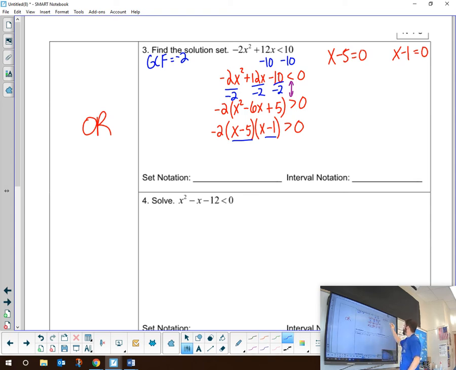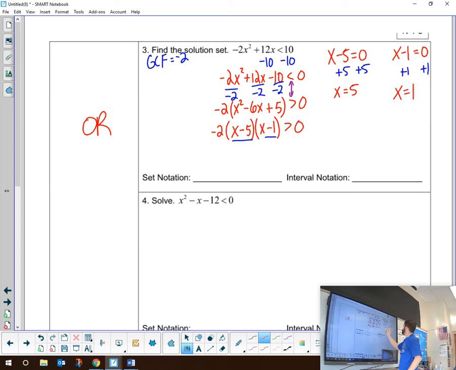We add 5 to both sides to get x equals 5, and add 1 to both sides to get x equals 1. So here are my two answers.